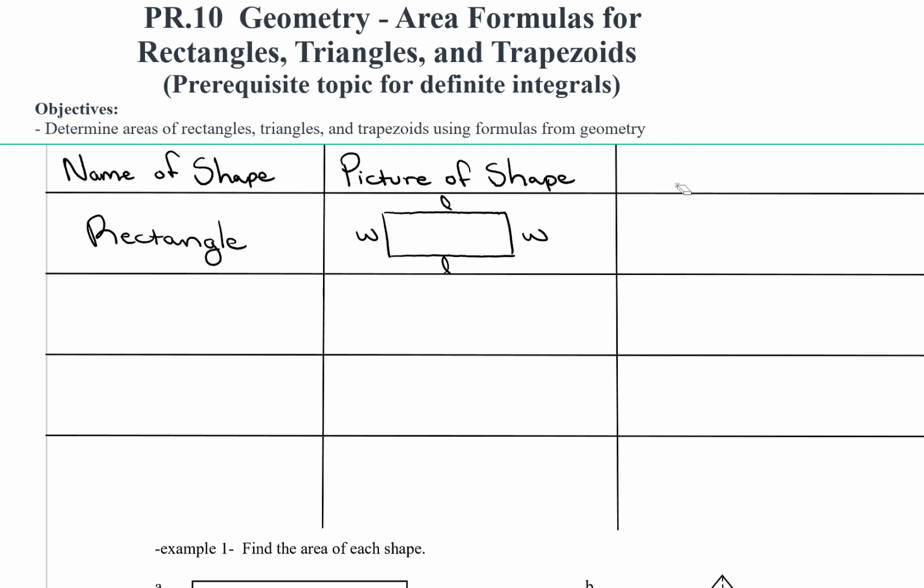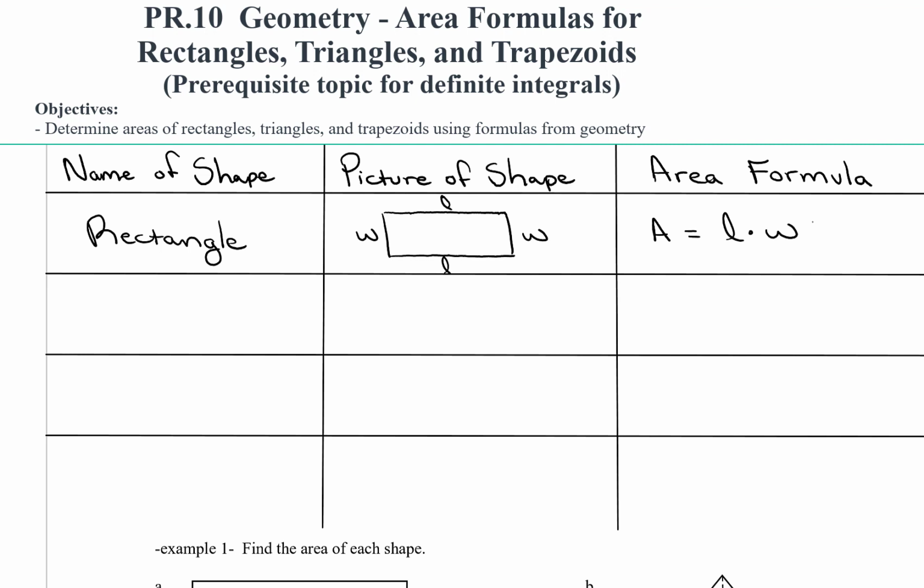Before I write down that formula, I'm going to erase the word formula at the top, and write area formula, just because I don't want there to be any confusion that these formulas are related to area. Now writing down the formula, it's going to be A equals L times W.